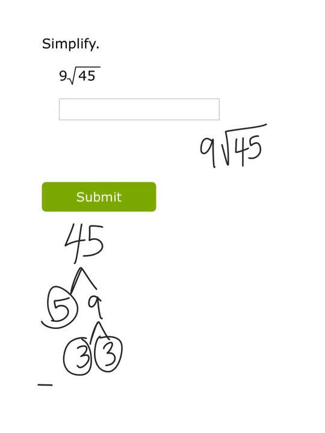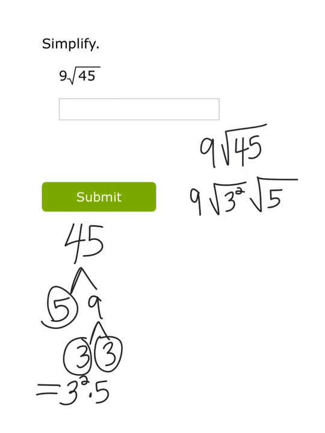So let's rewrite it in a nice format. Since I have two 3's, this would be 3 squared, or 3 to the second power, times 5. So whenever I rewrite this as a radical, I can break the square root of 45 into 3 squared times 5.